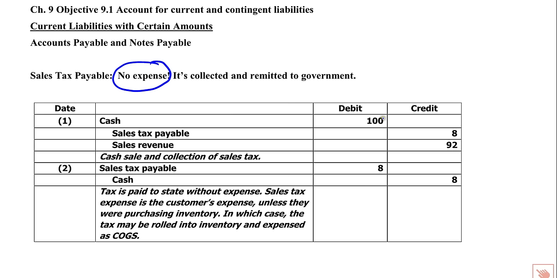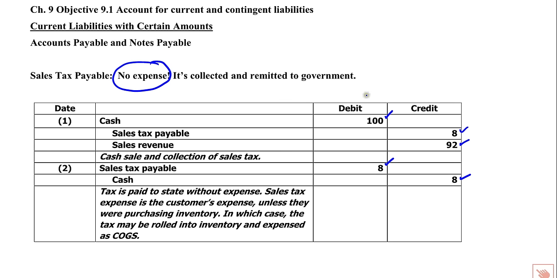So at the register, they get $100 from the customer, $92 is sales revenue, and $8 of that is a payable. But there's no debit to expense because later, when they actually pay it, they remove the payable and they just credit cash. When a retail operation collects sales tax, it's not an expense to them; it's an expense to the customer.